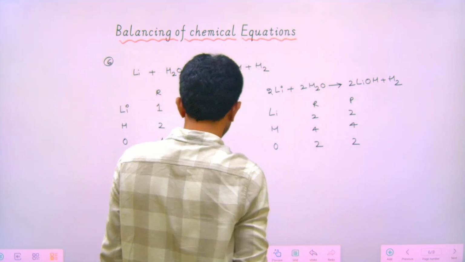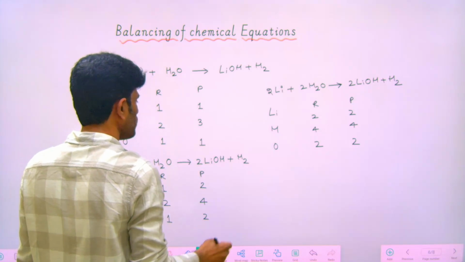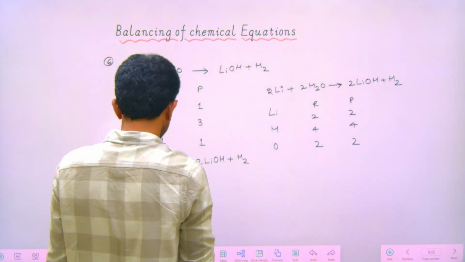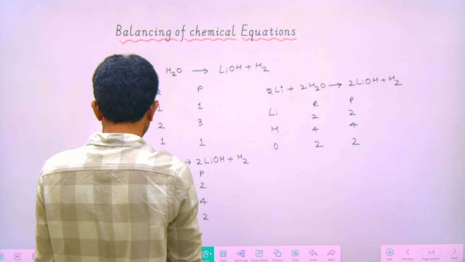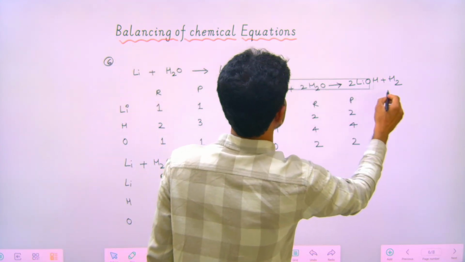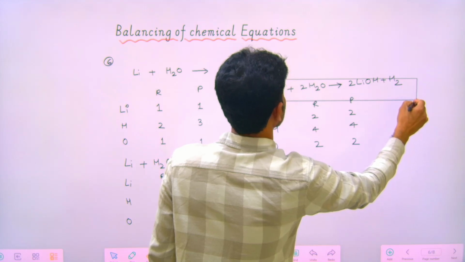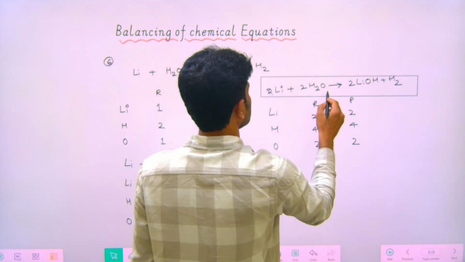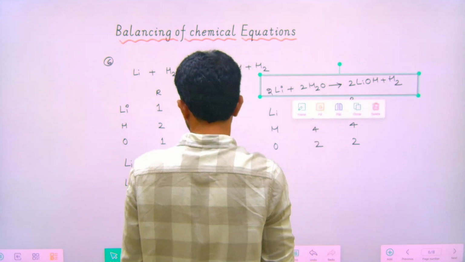So all 3 types of atoms are balanced on both the sides. So that is one more balanced equation. Hope you understood how to write these balanced chemical equations.